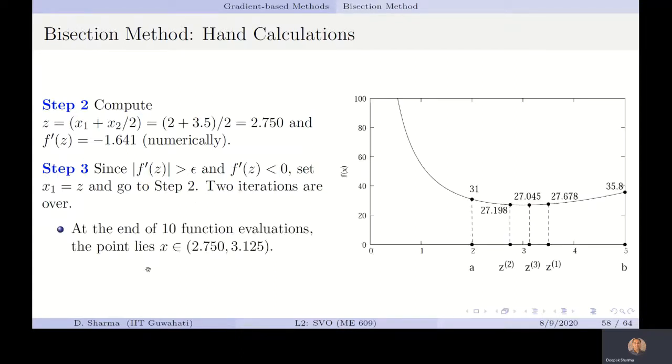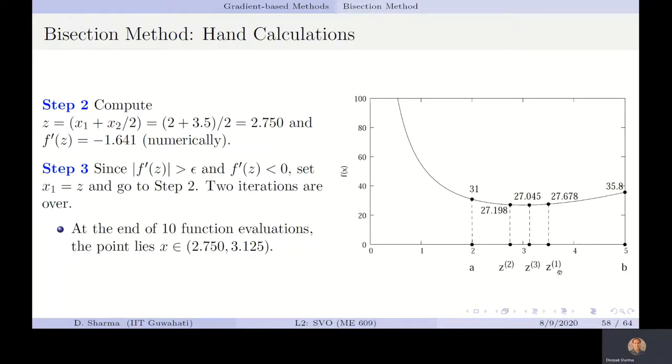If you keep on running after 10 function evaluations, you will realize that x will be lying between 2.75 to 3.125. Now look at the figure. I have drawn all the points together. Now what you can find is A is given on the x-axis as 2, B is given as 5.